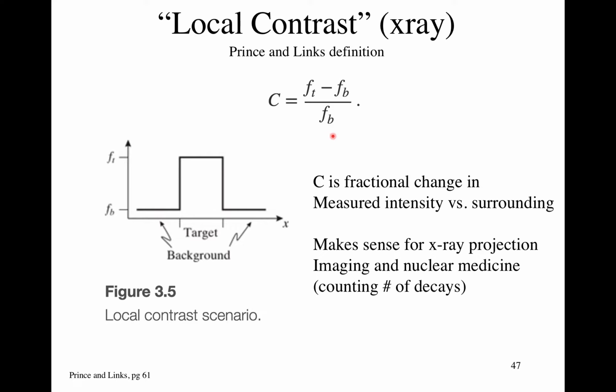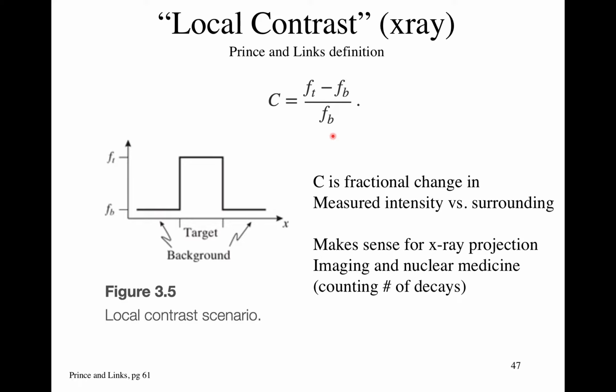So that's essentially a fractional or percentage change in signal. That gives you your contrast. This definition of contrast makes sense for X-rays if you're counting X-rays. It also makes sense if you're counting nuclear decay.